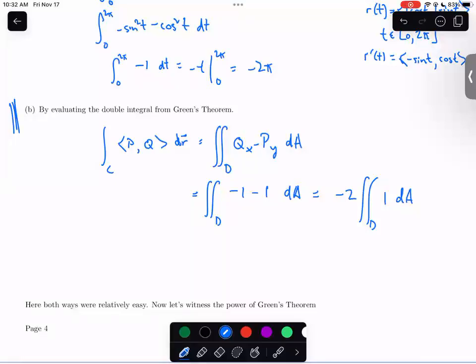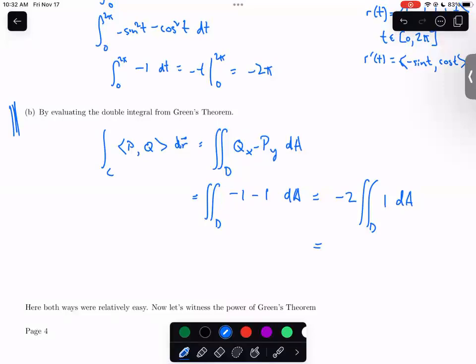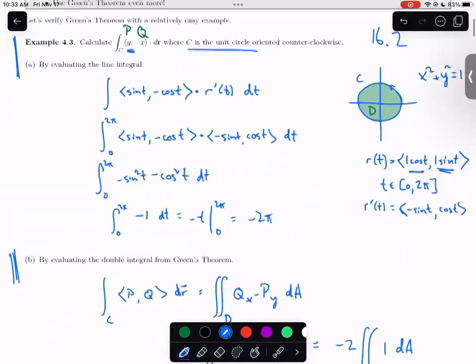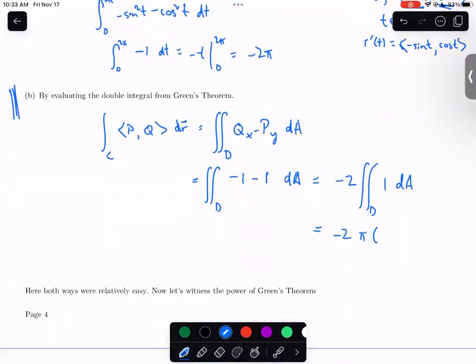And so with this, if I saw this on a quiz or an exam, I know the area formula for a circle. It's pi r squared. And so in my case, I have pi times 1 squared, where 1 is the radius of that circle. And so my answer is going to be -2 pi.